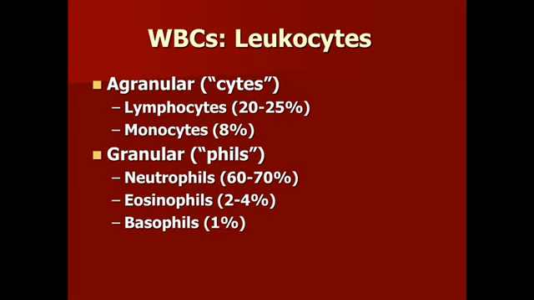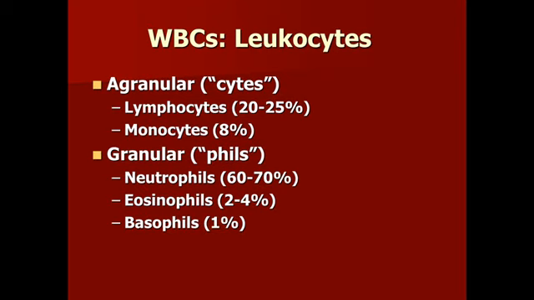When we think about leukocytes or white blood cells, there are two general characteristics. The cells are either agranular or they are granular. So the agranular leukocytes are the lymphocytes and the monocytes. The granular cells are the phils: the neutrophils, the eosinophils, the basophils.